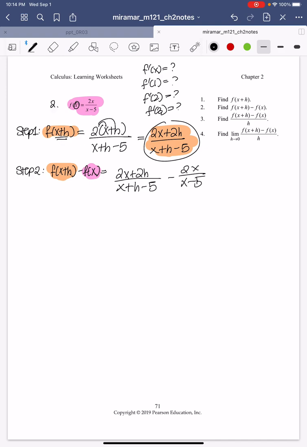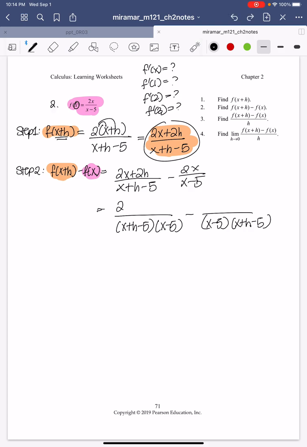Now, when we are dealing with fractions, we need to have a common denominator. So for this one, I need to multiply by x minus 5. And for this one, I need to multiply by x plus h minus 5.